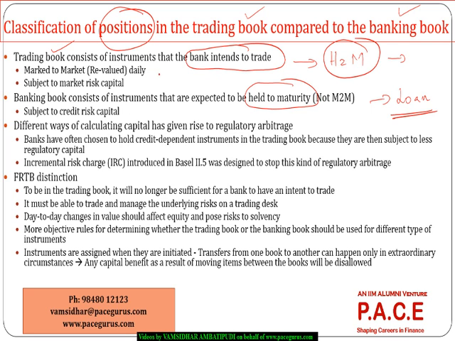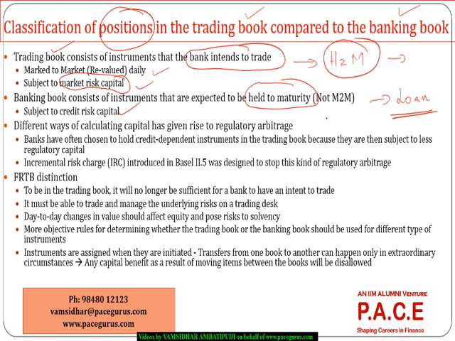A few interesting, important aspects associated with these two: something that is part of the trading book is marked to market on a daily basis. The revaluation is done daily, and the capital requirement associated with the trading book is based on the market risk capital.